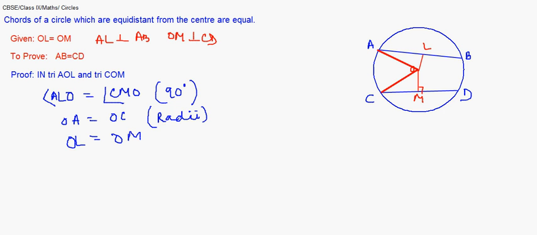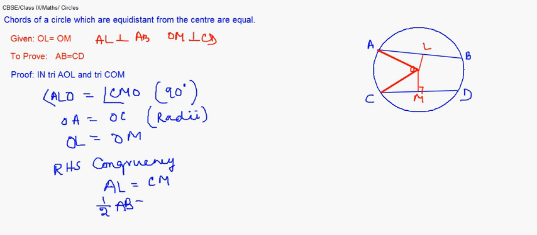So again by RHS congruency we prove the congruency of these two triangles. Once you prove the congruency of these two triangles, we say AL is equal to CM, and also they are half of AB.